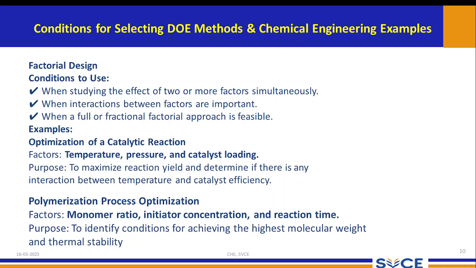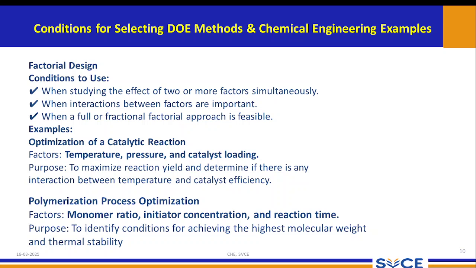The second one: the factors are monomer ratio, initiator concentration and reaction time, for process optimization to identify the conditions for achieving the highest molecular weight and thermal stability. So the purpose is to find the highest molecular weight and thermal stability. Is that a dependent or independent variable? This one is the dependent variable, the maximum we want to get. Like in the previous case where we talked about yield, right?